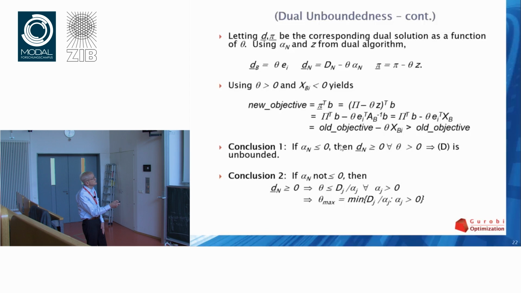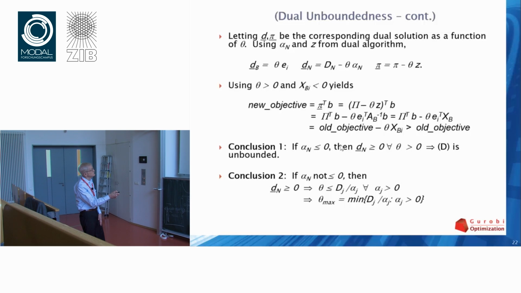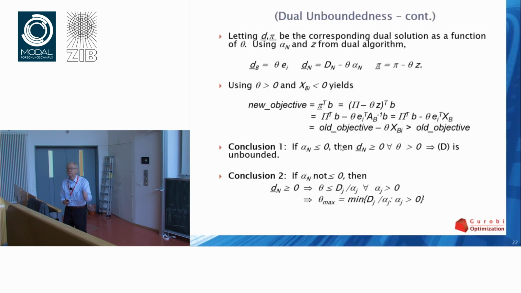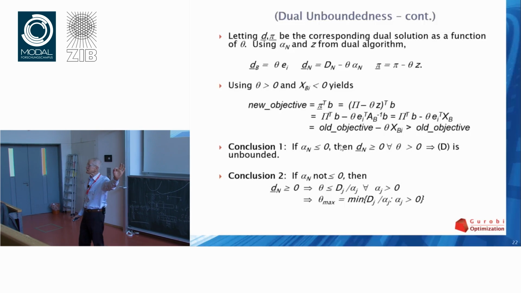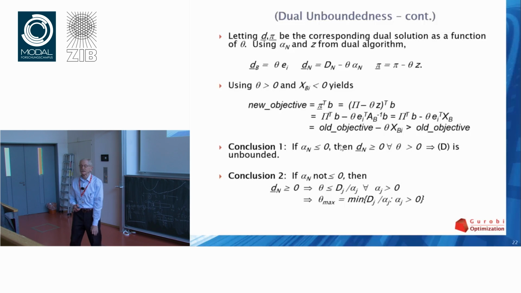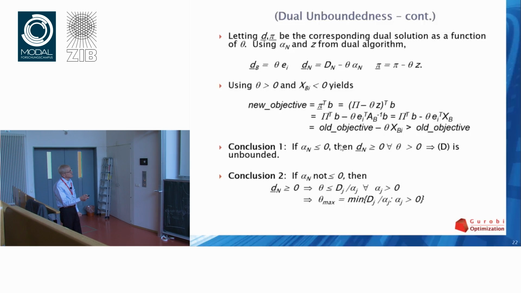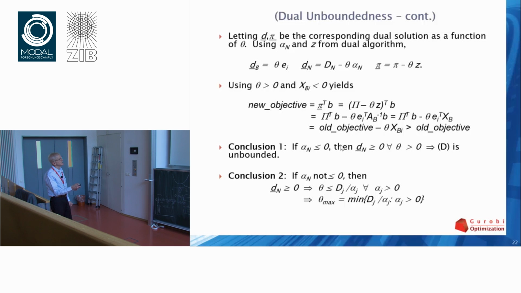pi transpose b, that's this thing repeated over here, theta times ei, AB inverse b, those are the values of the primal basic variables, right? And now ei transpose times xb just picks out the ith component. That's what that unit vector does, and so you get the old objective minus theta times xbi, which is negative, and so it follows with theta positive that the new objective is bigger than the old objective.